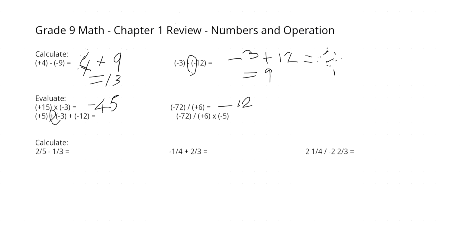You can see right away there are two negatives in the group. When you have two negatives side by side, it behaves as though you're adding. So remember that quick rule. We can simply say -3 and -12 is -15. And then we're going to add 5 and -15.